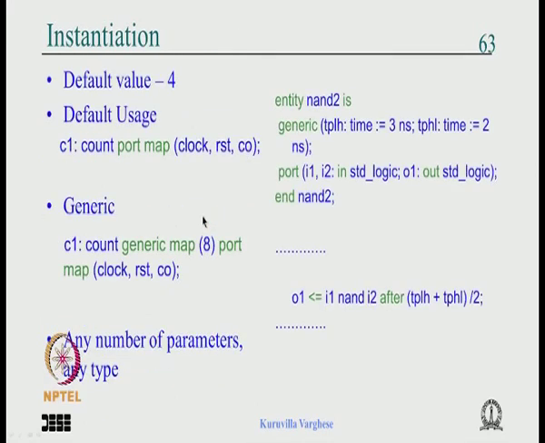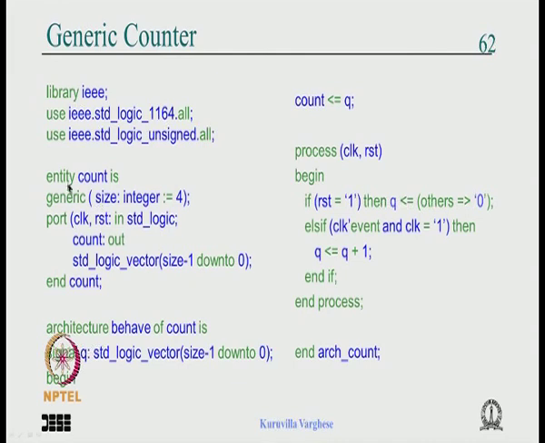That means you write the entity timer here, you say generic T width is some integer and some width, and we assume that after all the timer is nothing but a counter with some decoding. So we assume that in the timer code this particular counter is instantiated, and the counter itself is generic. You assume that the timer is generic and the counter is generic.